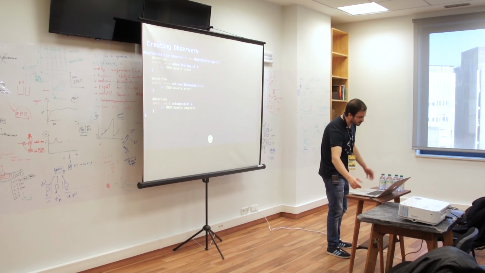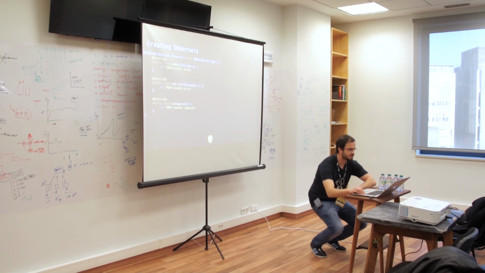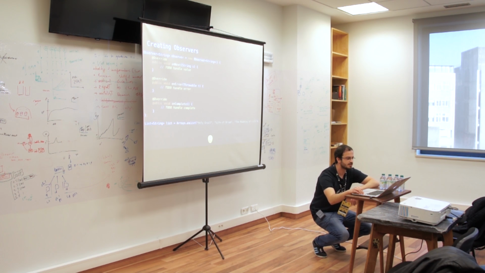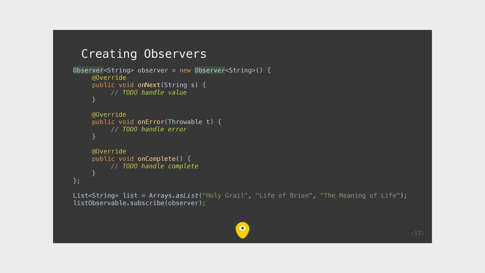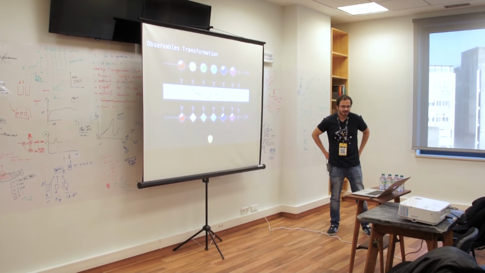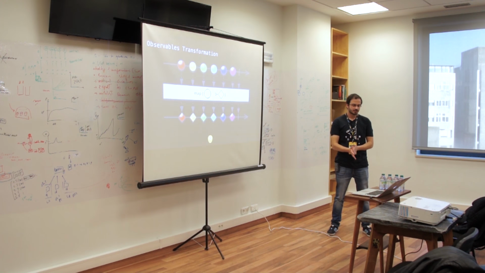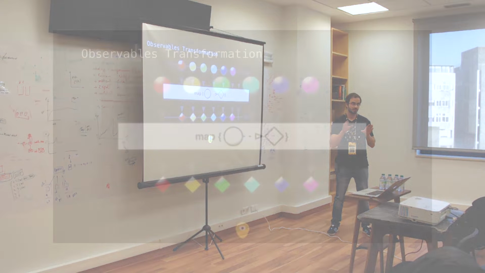And yeah, it's nothing special. You just have the observer and implement those, another list, subscribe. And it will work. It will just emit data, and you have just transformed the standard list into an observable.